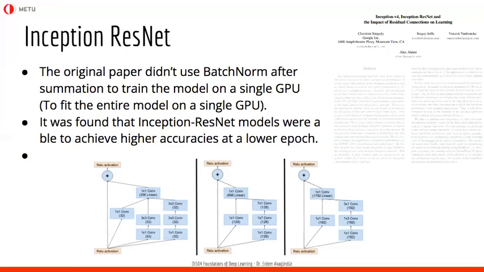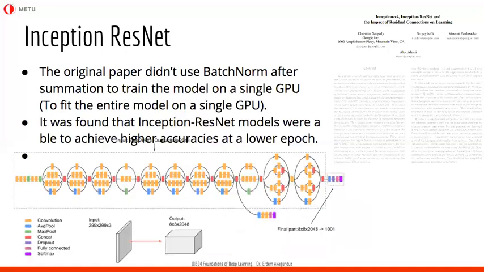And the GPUs they used in those days were much weaker compared to the GPUs we can use today. It was found out that Inception-ResNet models were able to achieve higher accuracies with fewer epochs, and they could be trained much more easily, much faster.